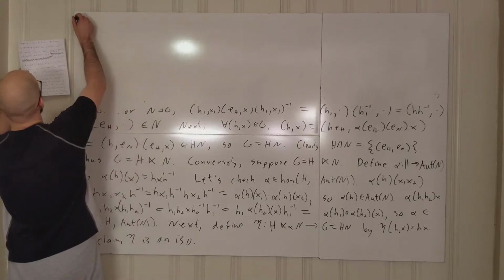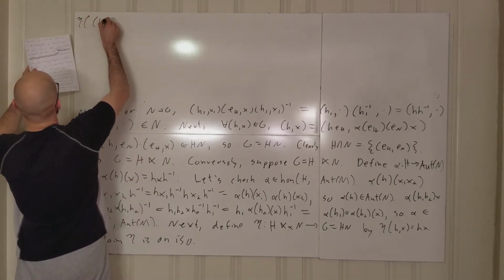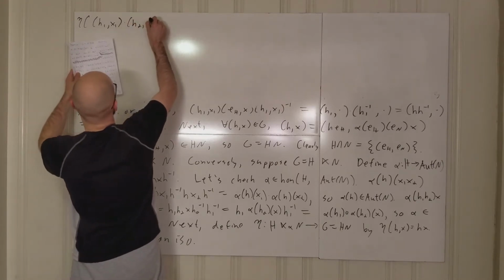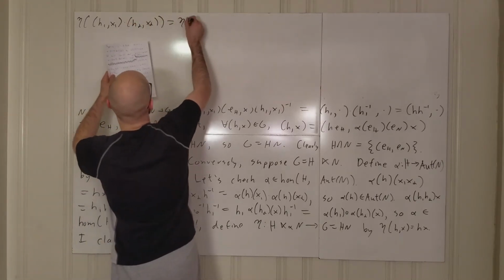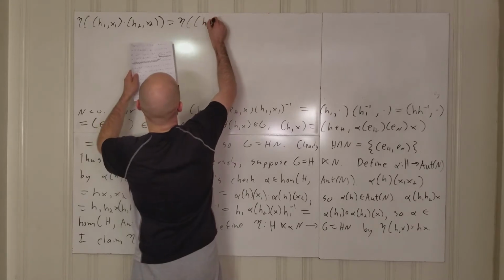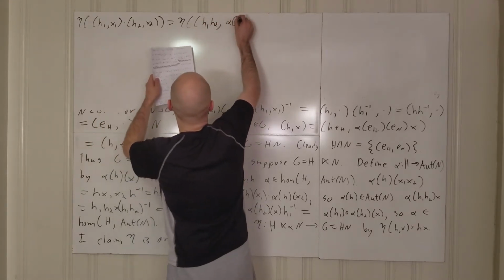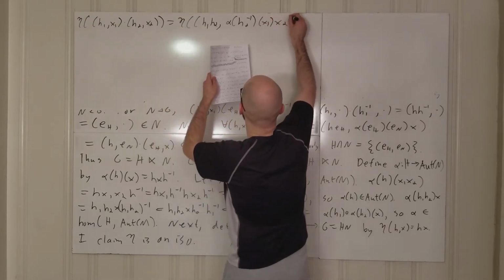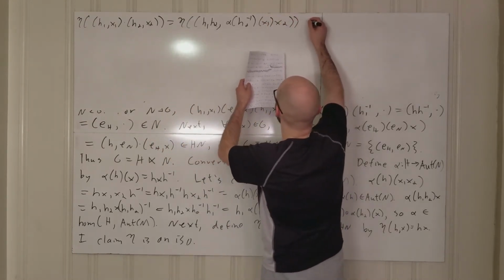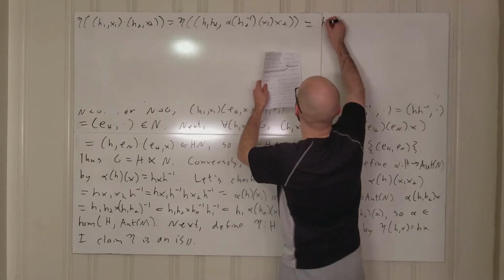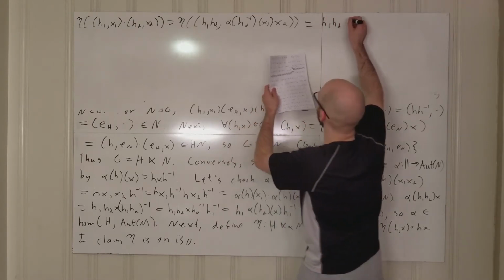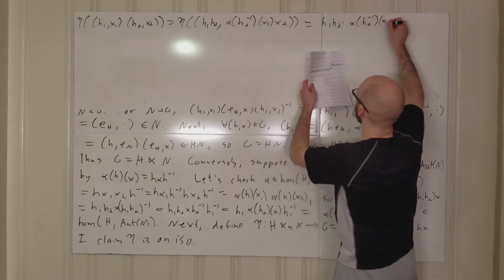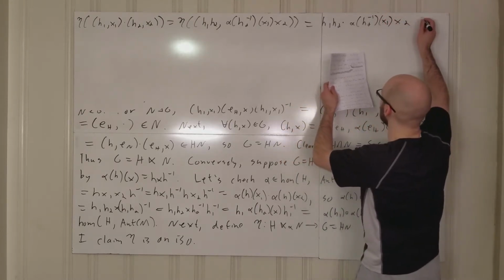Okay, so eta of (h1, x1) times (h2, x2). Well, this is going to be just eta of, we do that horrific composition law here. And so then this is going to be (h1 h2, alpha h2 inverse of x1 times x2).